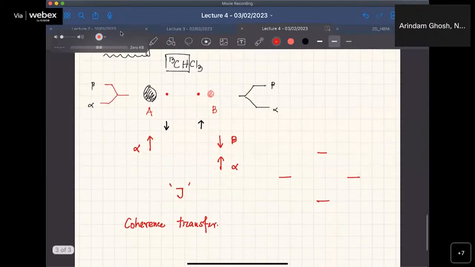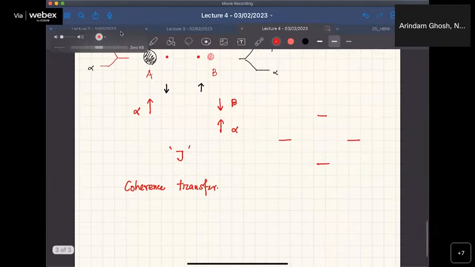It simply means that if I start with this A, I pulse on A, so therefore you get a tiny amount of magnetization, which is the bulk magnetization of A. So this is your A magnetization. And then if I have a J coupling between A and B, then even without doing direct pulsing on B, you can actually transfer this XY magnetization to the B, and this magnetization will start coming. So this particular thing is basically called coherence transfer.